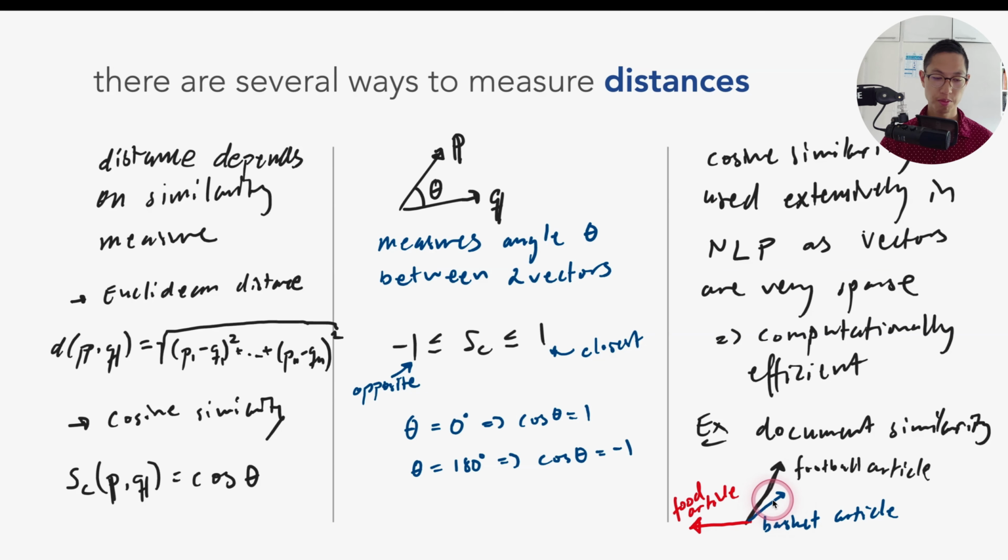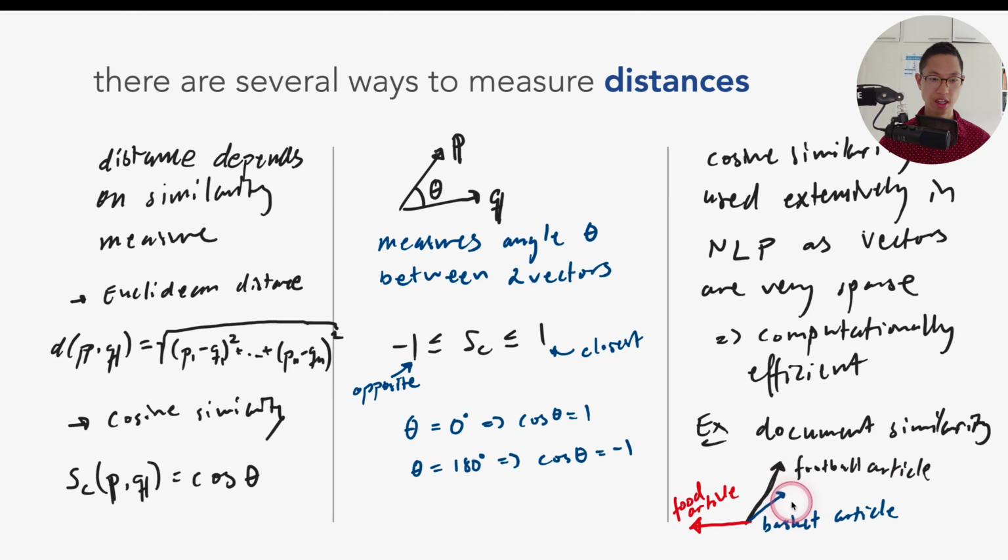Even though the magnitude of the football article vector is quite long, that could be because it is more about football, more about sports, in a longer article, perhaps, while the basket article is much shorter with just a few mentions. However, they are still pointing towards similar angles.